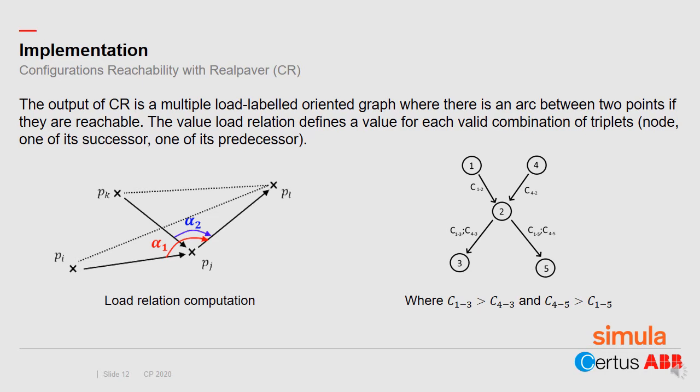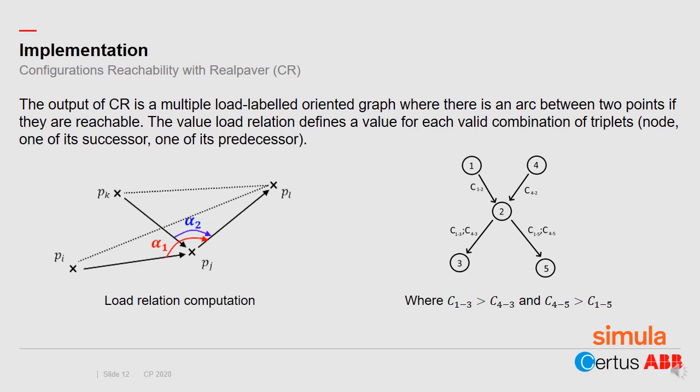So you have an example on the left, taking into account one node, Pj, one successor, Pl. We will have 2 different load values between Pj and Pl, depending on whether we are coming from Pi or Pk. And with the same distance between Pj and Pl, we'll have a higher load value if the angle between the predecessor and the successor is more acute.